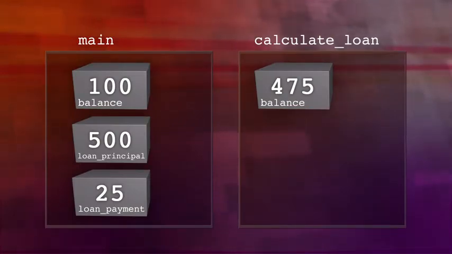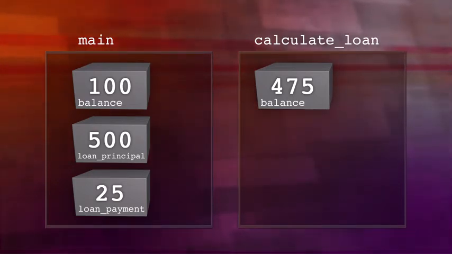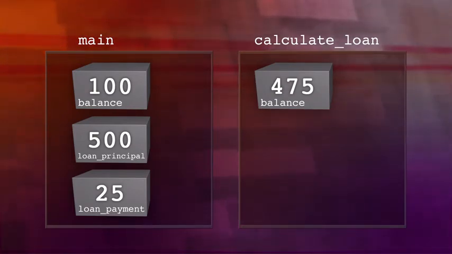We have the main function section of memory, and there's a variable there named balance. And also there's a section of memory for calculateLoan, and there's a different variable there, which also happens to have the name balance. When we're in the main routine, any reference to balance will refer to its variable balance.